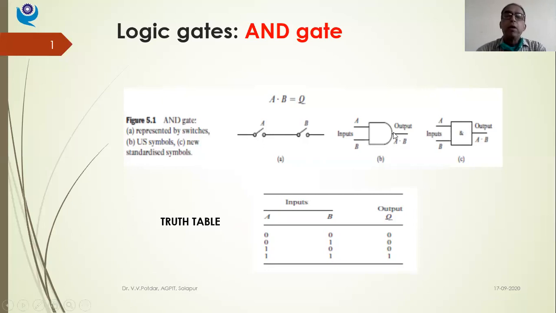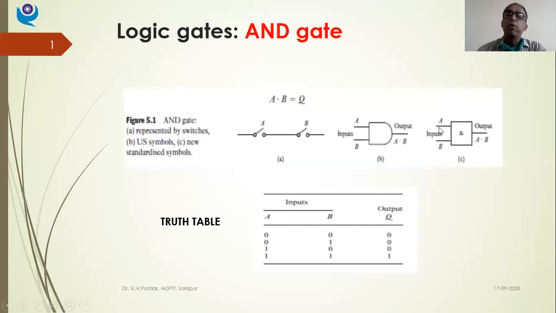Now let us first understand. For output Q to be available, both A and B should be switched on. Now this switch on word is as far as this switch circuitry is concerned, but in digital circuitry, both A and B should be either on or off.